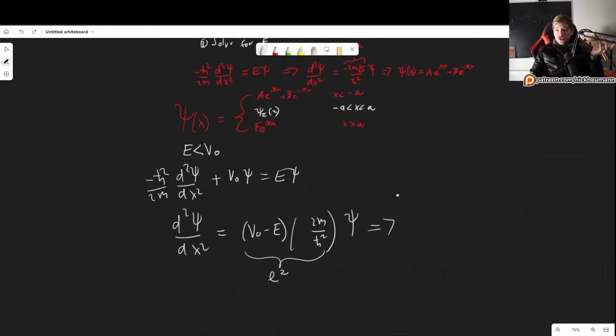All right, so again, solving this using the method that I've used in previous videos, we get a solution of the form psi of x is equal to some constant C times e to the Lx plus D e to the minus Lx. Now again, if you don't know where this is coming from, you really should go back because you have to be able to at least know which solution to choose.